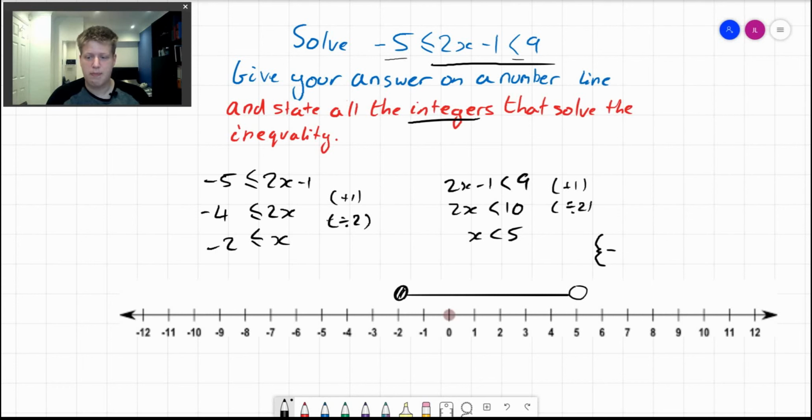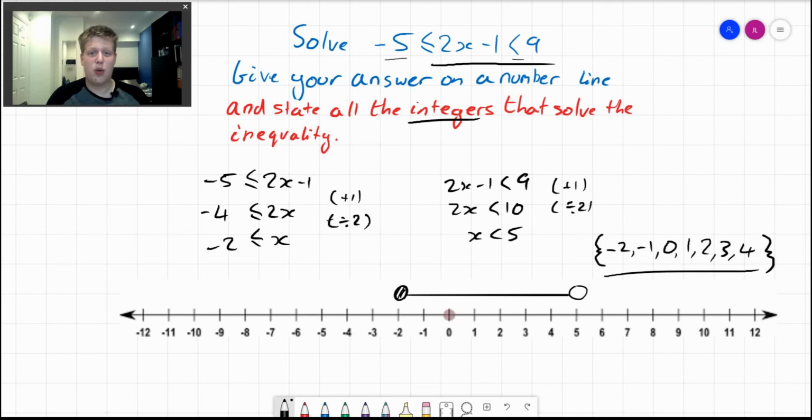So x could be -2, it could be -1, it could be 0, it could be 1, it could be 2, it could be 3, it could be 4, it couldn't be 5 because x is strictly less than 5, it can't be equal to. So these are all the integers, and to finish it off, we just close the bracket with another one of these weird squiggly things. And that is our answer.